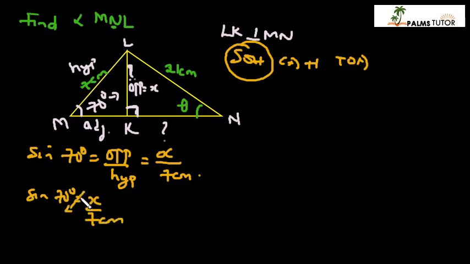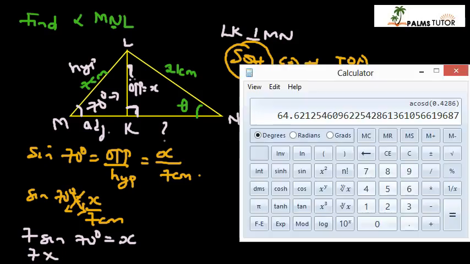By cross multiplication, we have 7 sine 70 degree equals X, which means that 7 multiplied by sine 70. Let's use our scientific calculator. We have 70 degrees. What's the sine? 0.9397 to 4 decimal places.